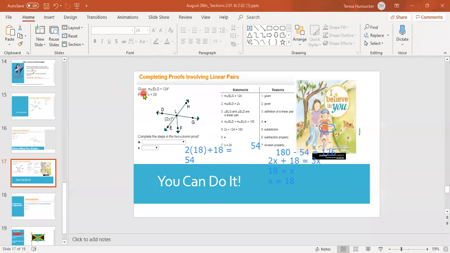We are told in the given statement ELG is 124. ELG, this entire angle, is 124. So picture that. It's all of this entire angle here that is 124.